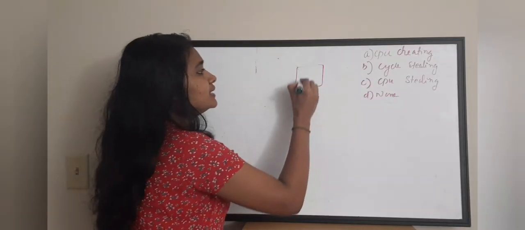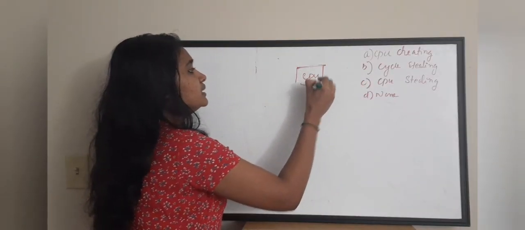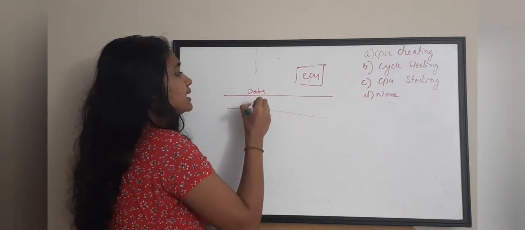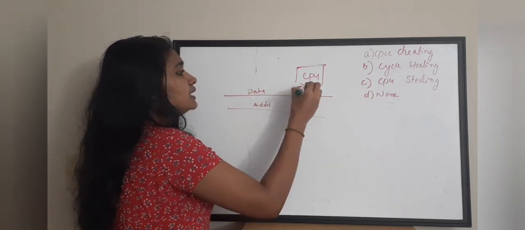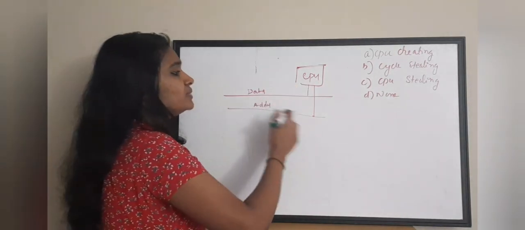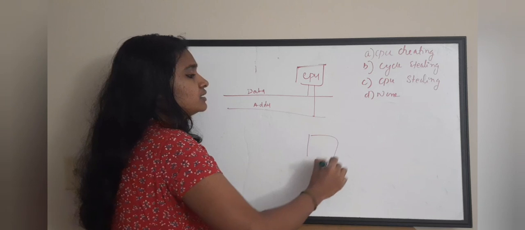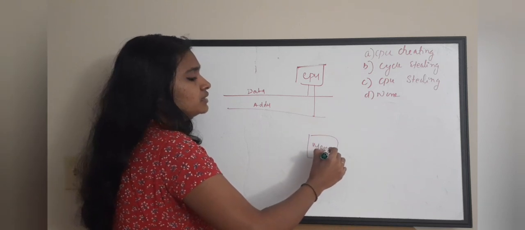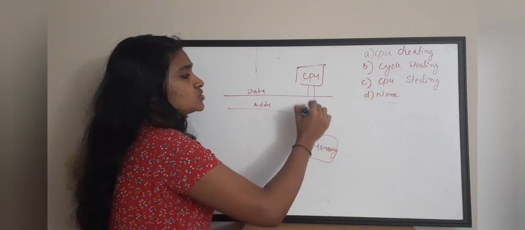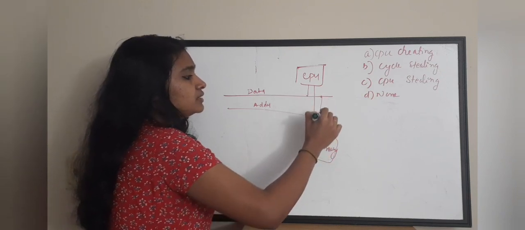The general structure is like this: there is a CPU, there are 2 buses, the data bus and the address bus, and the CPU is taking control of these 2 buses, and there is a memory. This is your memory, and the CPU is controlling your memory.